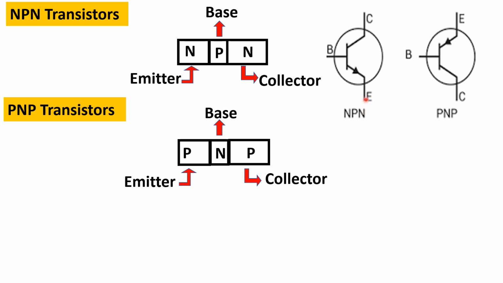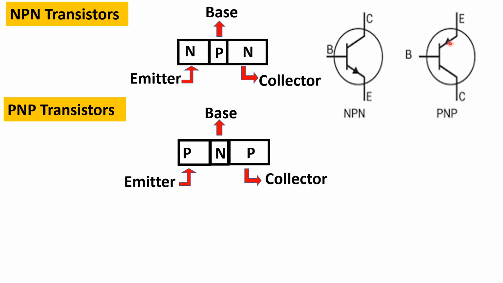All right, it is as if the charges are leaving, moving away from the collector, going out into the emitter, whereas the symbol for PNP is that the charge carriers are entering the emitter.